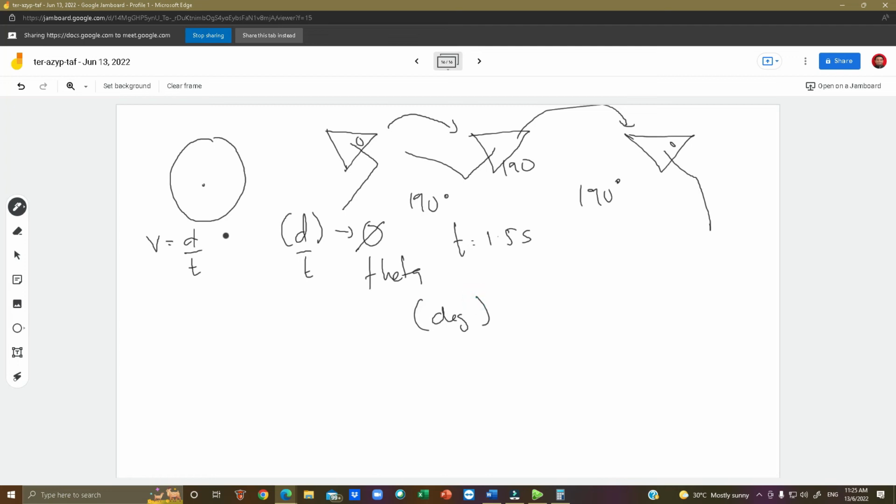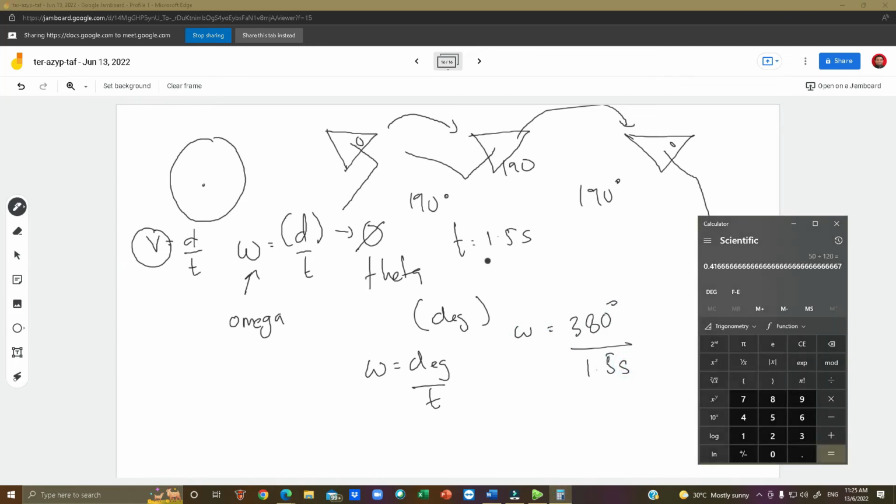Okay, and velocity in angular is known by this symbol representing a figure known as omega. Okay, so when we talk about angular velocity, it is omega equals to degree over time ataupun theta over time. Jadi dekat sini berapa dia punya distance or displacement dia? It will be 380 degree over time 1.5 second.